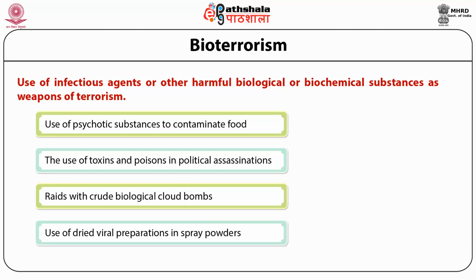Another aspect of bioterrorism can be disrupting the agriculture, decimating the livestock or contaminating the environment. If we disrupt agriculture or decimate livestock, we are actually seeding food insecurity in the society by intentional food poisoning and food infection.